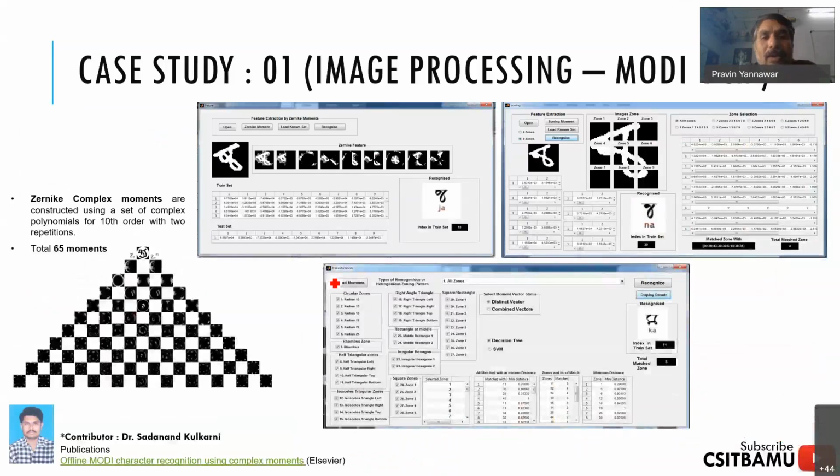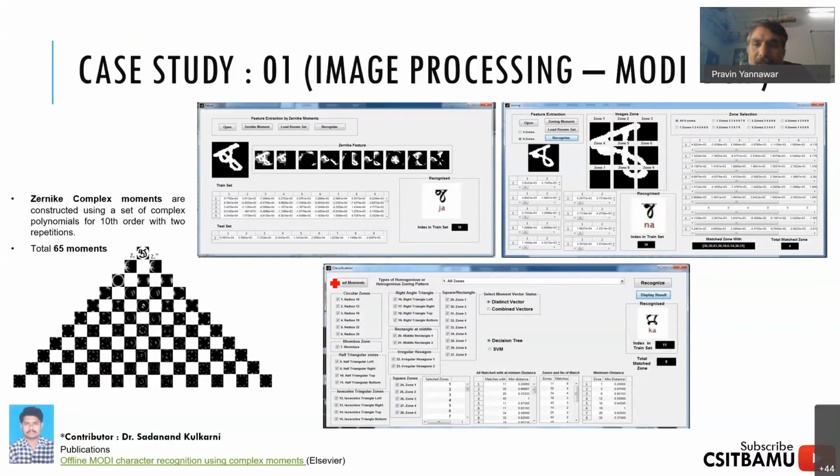Now the most important contribution which we have made is about the complex moments. You know that there are certain affine invariant moments which are taken. The very basic invariant moment we use is the Hu moment, of which there are only 7.